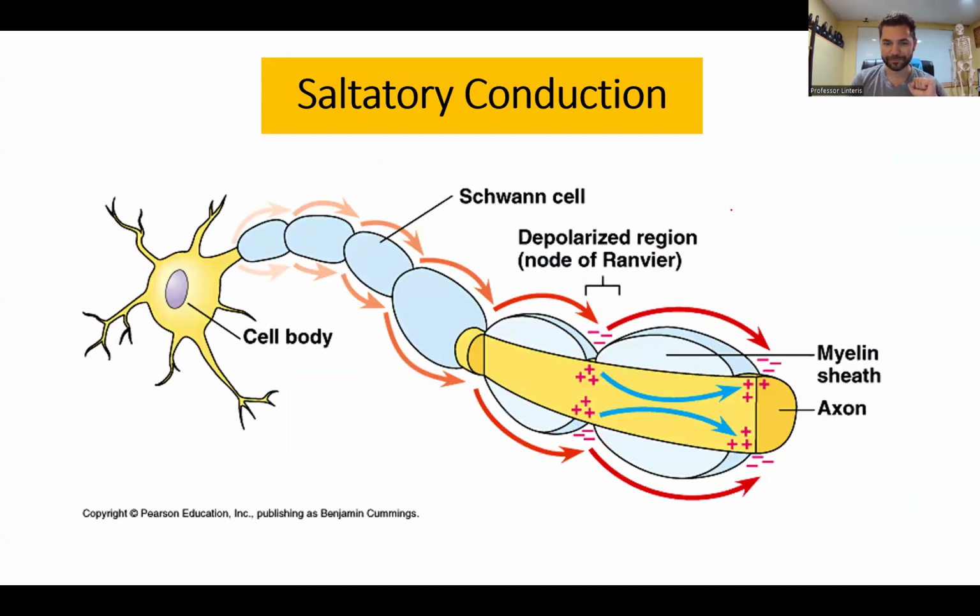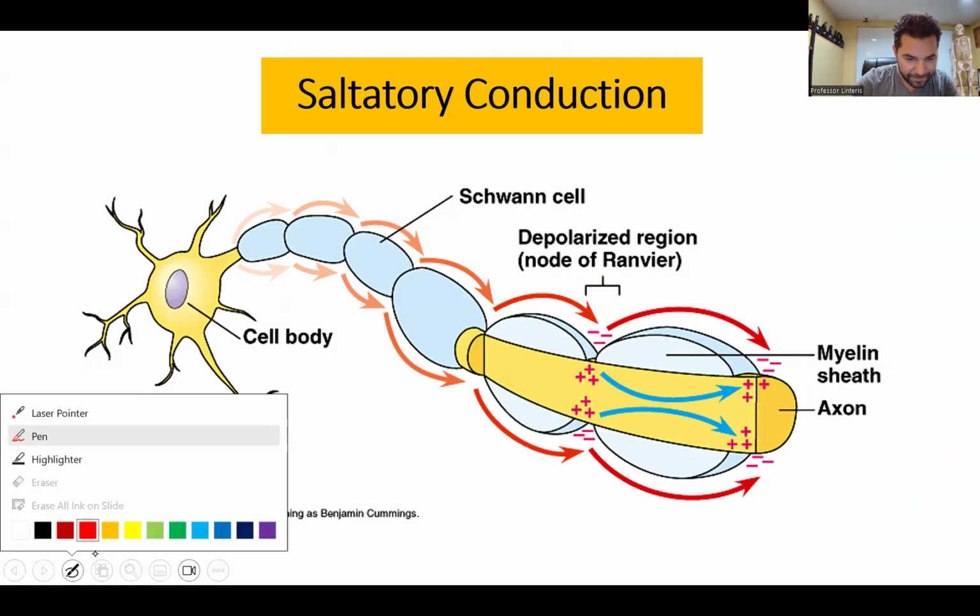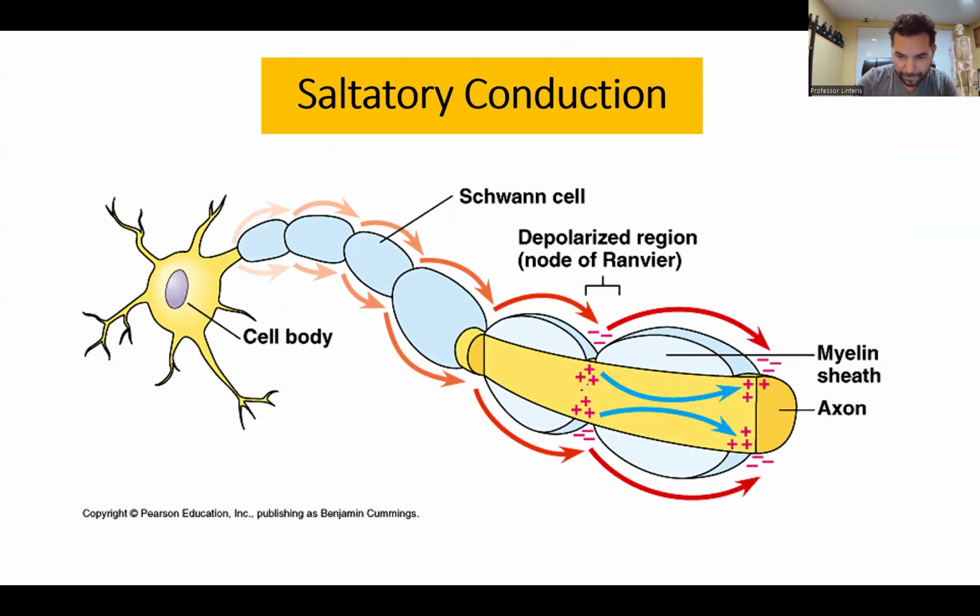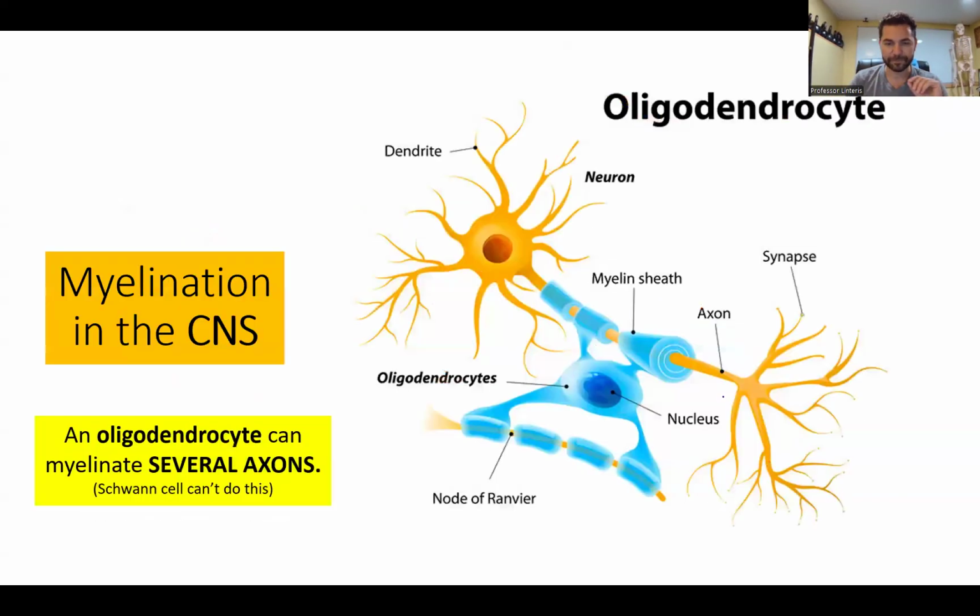Showing you another picture, right? What happens? Depolarization at the nodes only, right? So it makes it faster. Less ions need to move around. Genius. The oligos myelinate in the CNS, right?